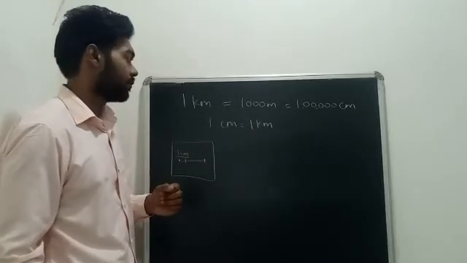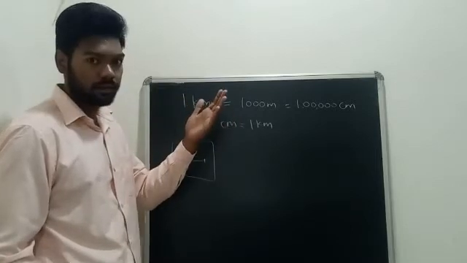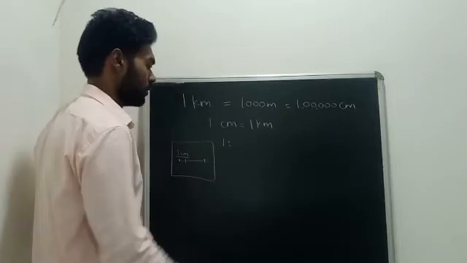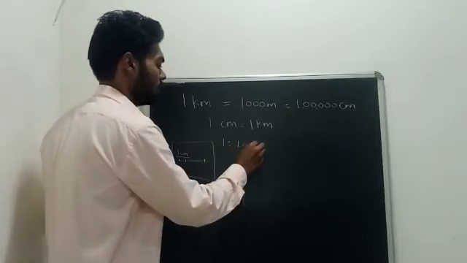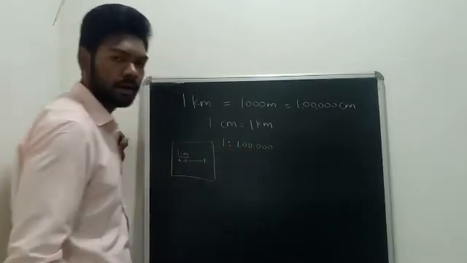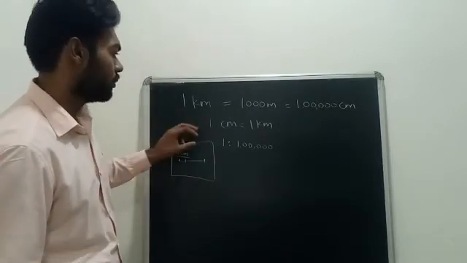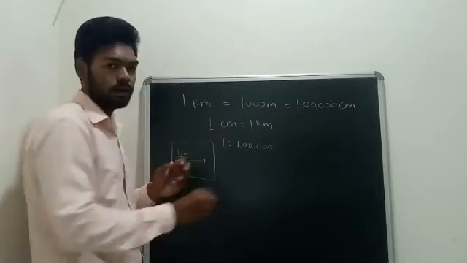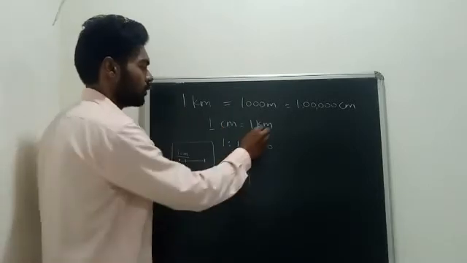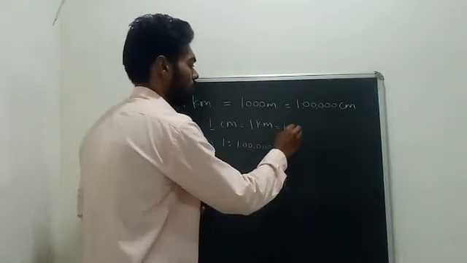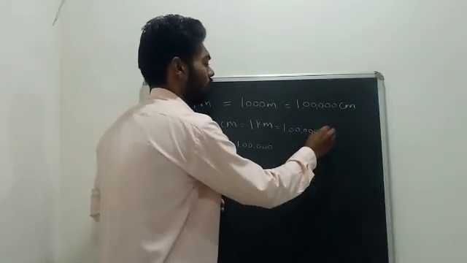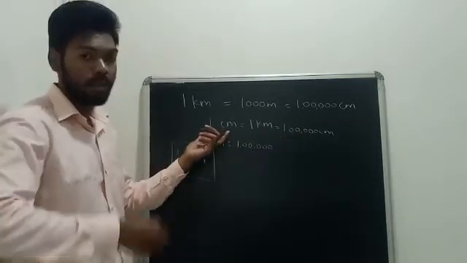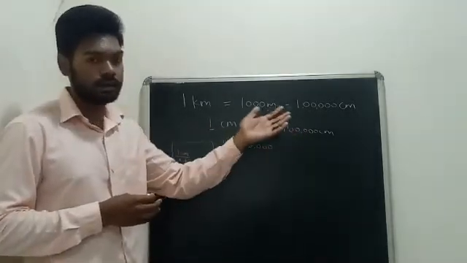If I want to show it in a different method, I can also write that 1 is equal to 1 lakh. What I want to share with you is that 1 on the map is equal to 1 lakh in the original.